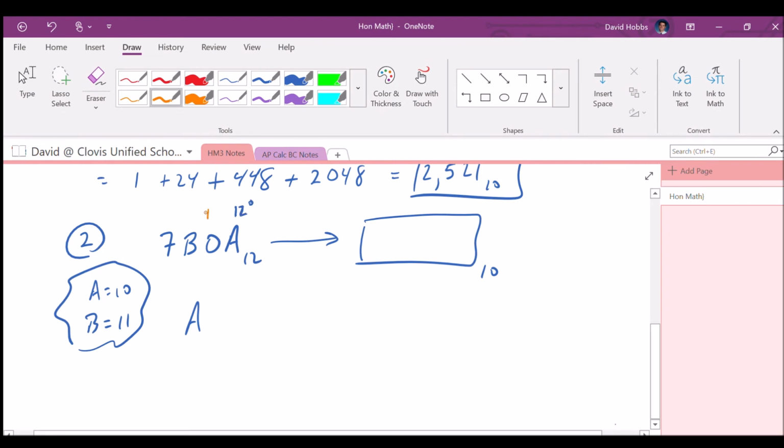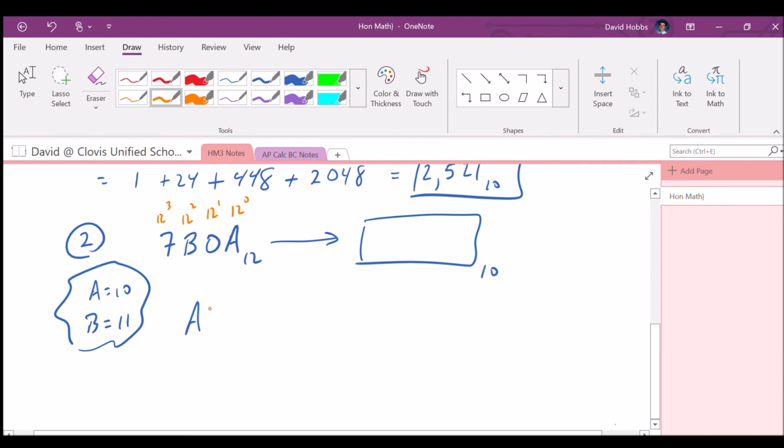This is the 12 to the first spot, 12 to the second spot, 12 to the third spot. You don't have to keep on writing those in if you don't want to, but if it helps, at least at the beginning, you can go ahead and do that.